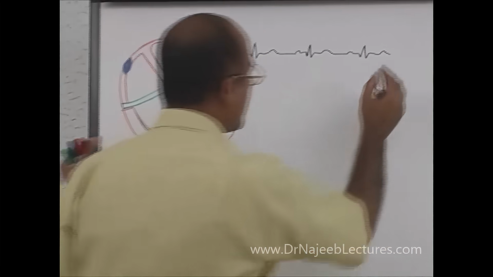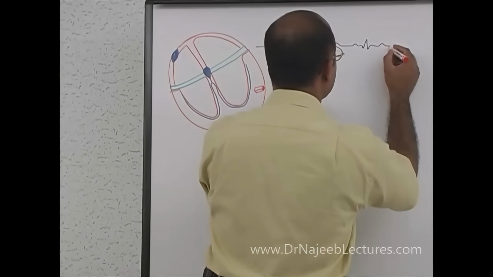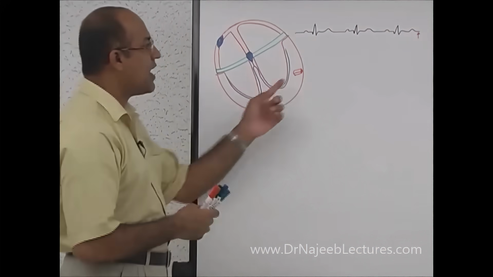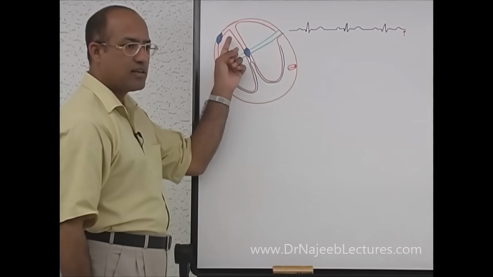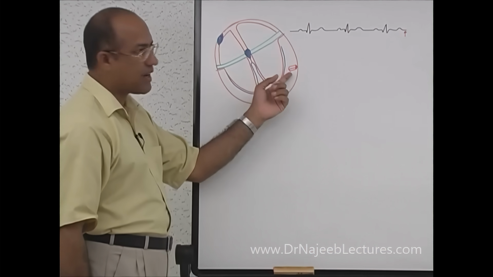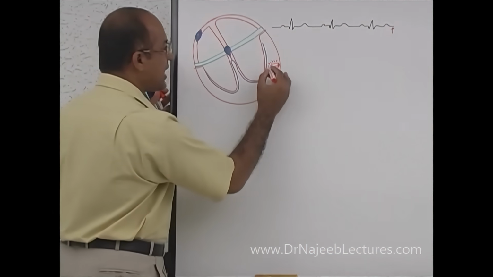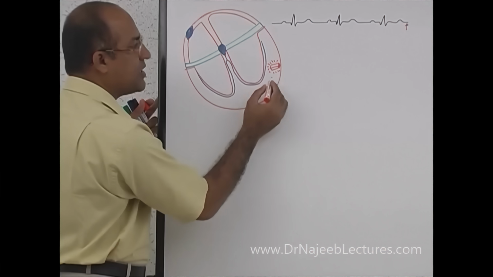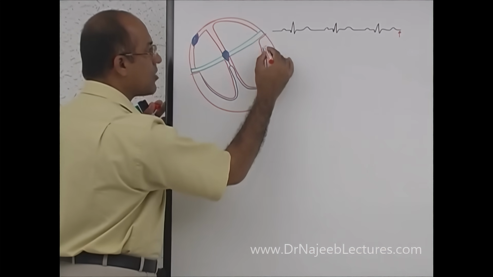Now look, at this particular moment, this pathological cell has fired. When this pathological cell fires, it will not wait for a stimulus to come from the SA node. It will auto-fire, and the current coming out of this cell will not pass through the normal conduction pathway, it will pass through a pathological pathway, right?